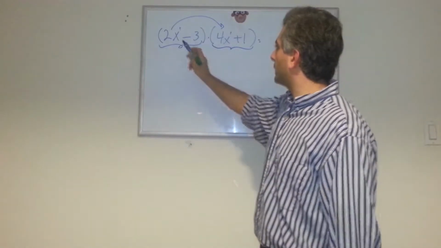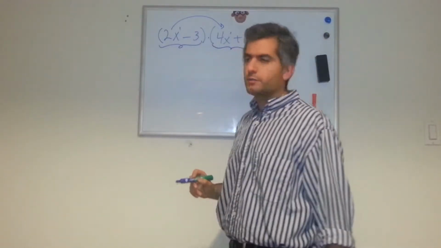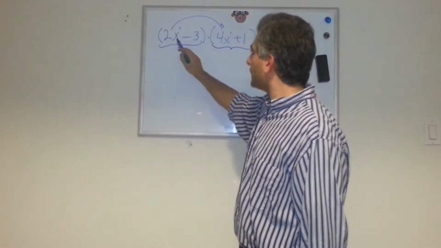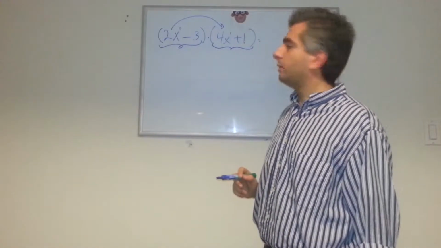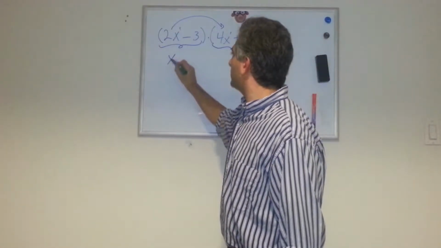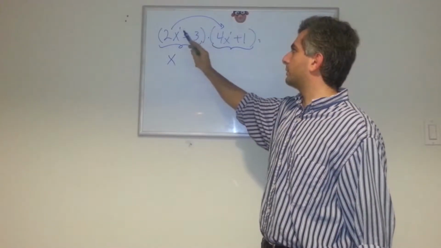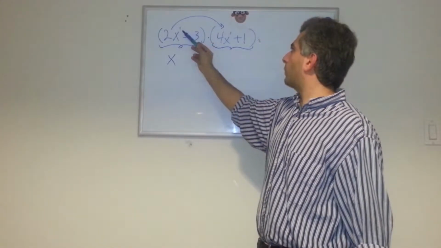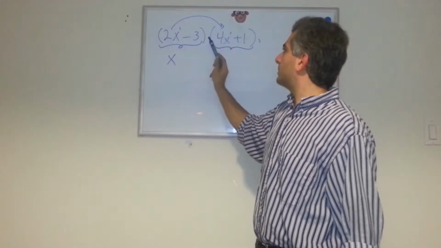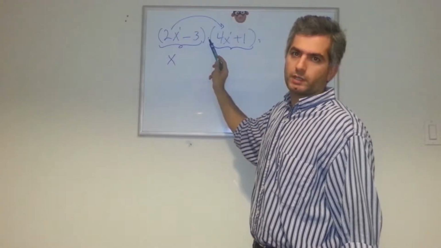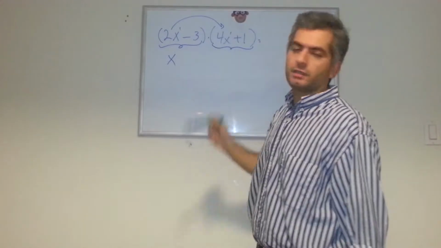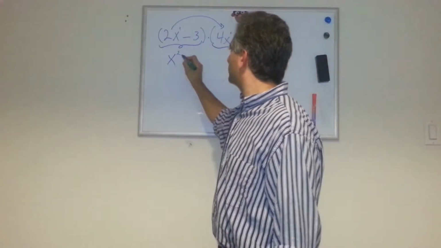If we're multiplying two terms and they each have the same variable, then we'll write the variable, and the exponents will add. So we have 1 and we have 1. Because there's multiplication between them, these exponents add to give you 2.